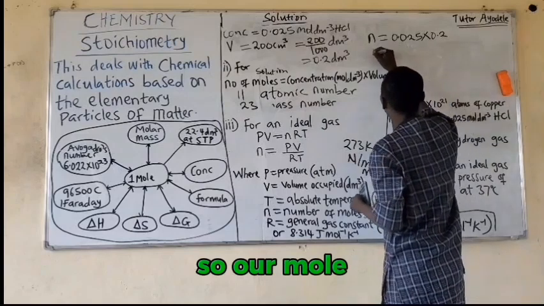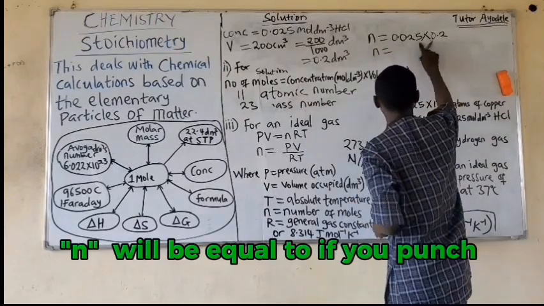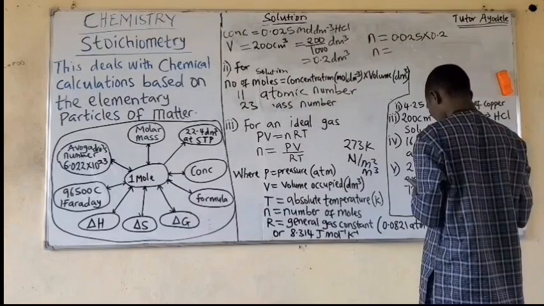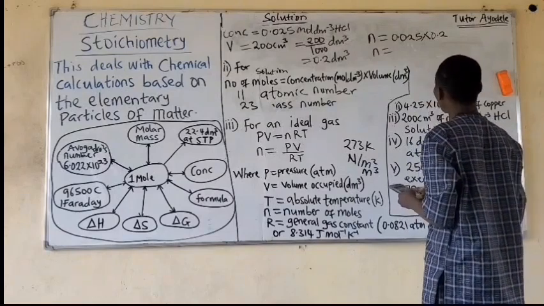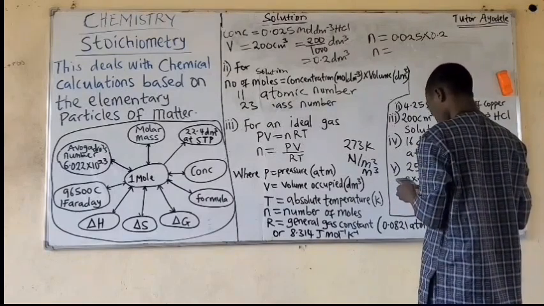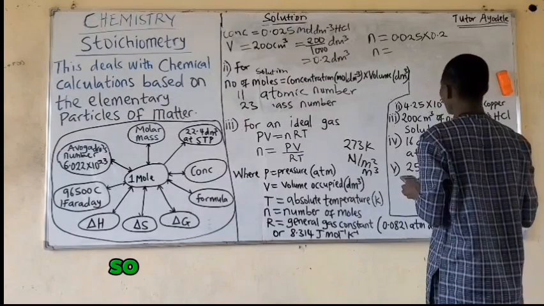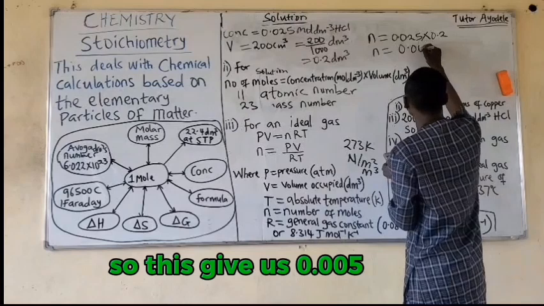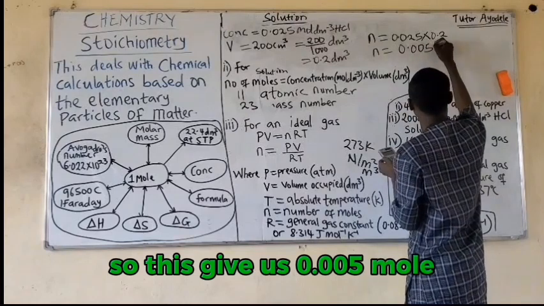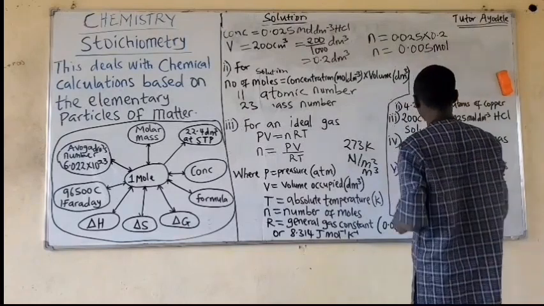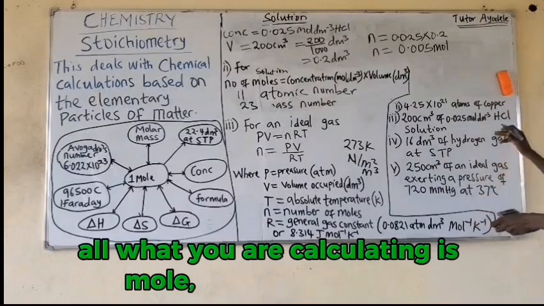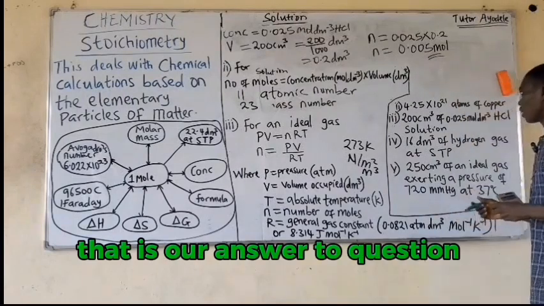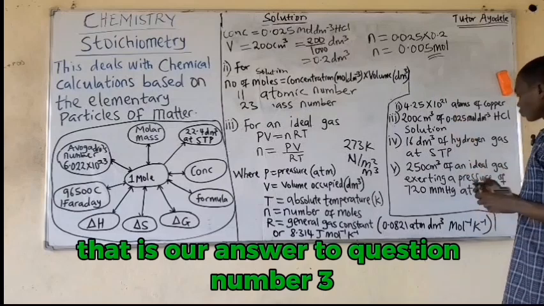If you punch 0.025 times 0.2 in your calculator, this gives us 0.005 mole. All we are calculating is number of moles. That is our answer to question number 3.